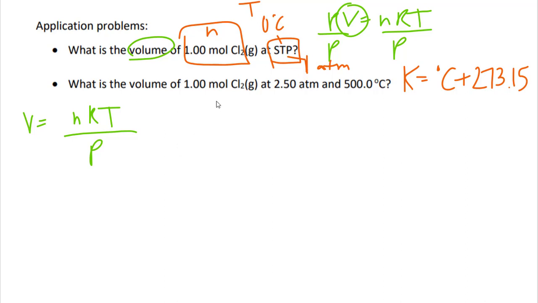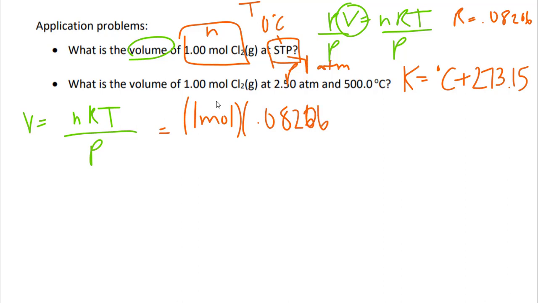So this is my pressure. I have 1 mole, that's my n. My R, I'll write up here what R was. Remember, it was 0.08206, with its units.